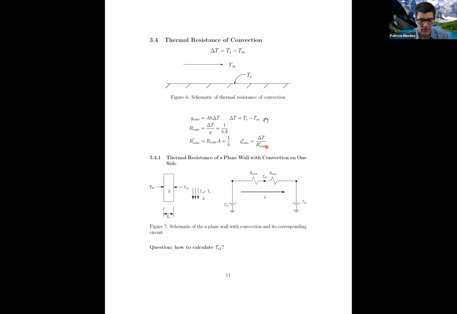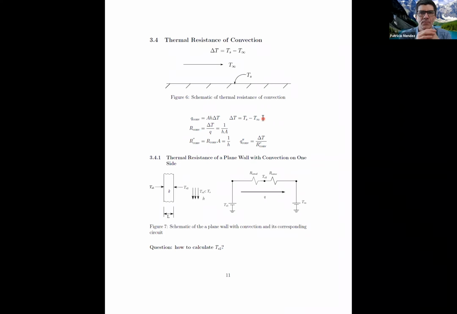So now we can make calculations similar to our composite wall, in which we had 2 layers of wall. Let's start with this. Say we have 1 layer of wall and convection. Now the heat needs to go through 2 stages. First, it goes through the wall and then through convection.